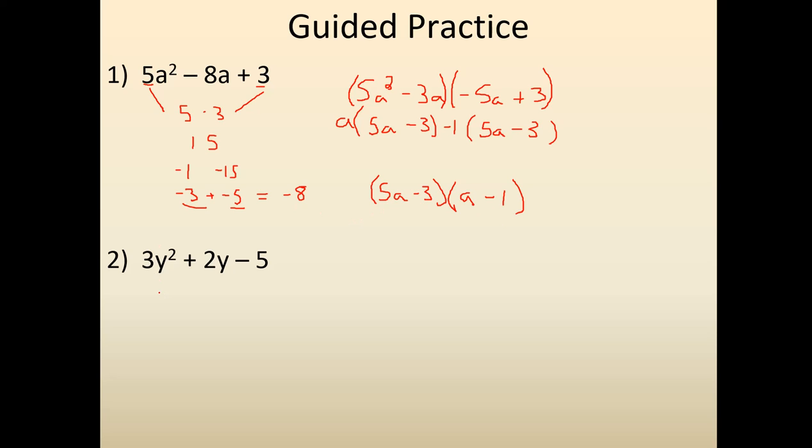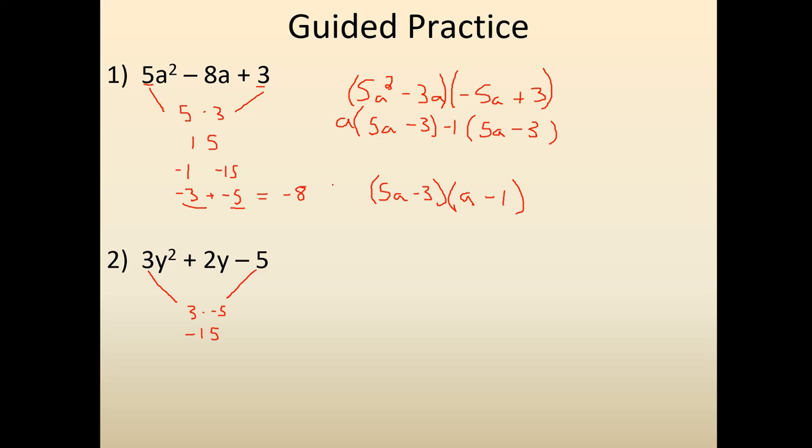All right, now on to number 3. Once again, I take the two numbers, 3 and negative 5, and multiply them, and I'm going to get negative 15. Now remember, because this is a negative number, when I do my factors, one of the two numbers will have to be negative.